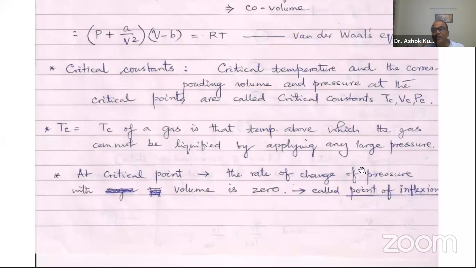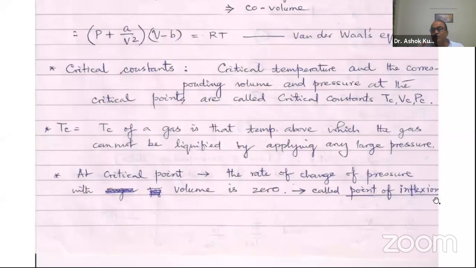Therefore, the rate of change of pressure with volume is zero. That means the volume will not change with application of pressure. So that is why it is called the critical point, and the slope becomes zero, and this point is called the point of inflection.